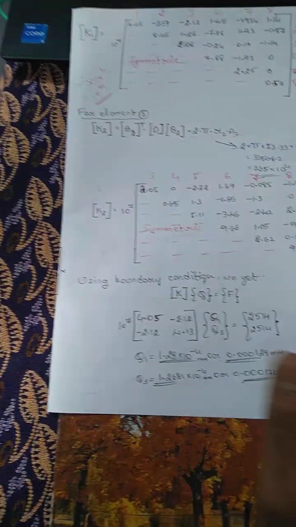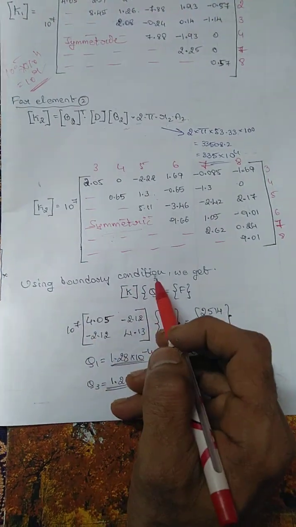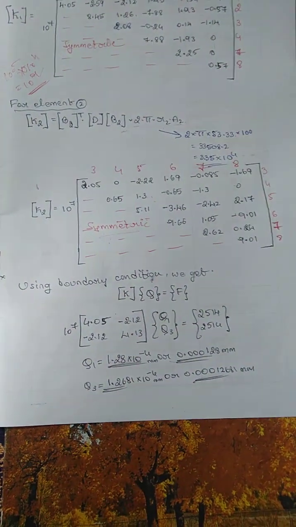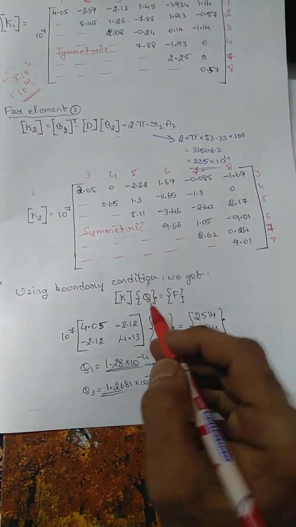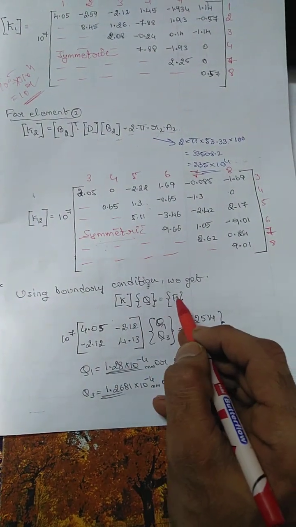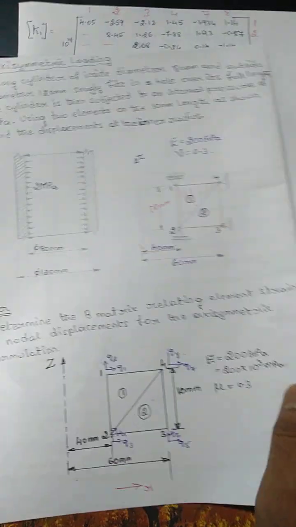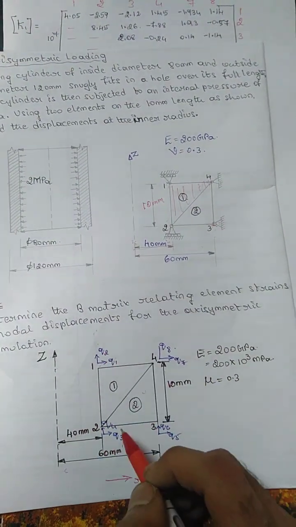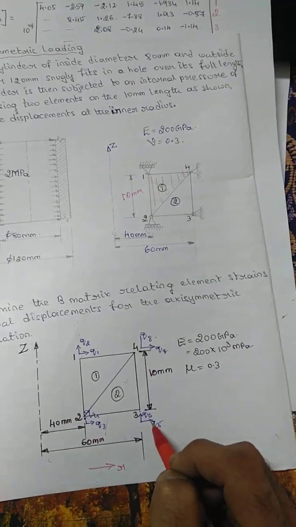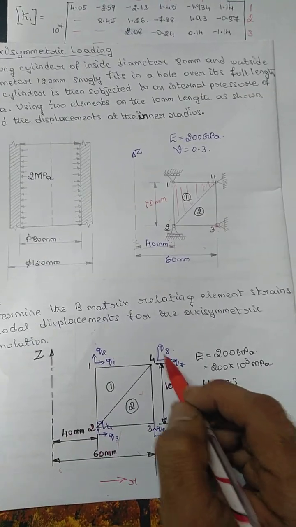And after that, using boundary conditions, what is the boundary condition? Let us see. K into Q is equal to F. So boundary condition, see, element 1, Q1 Q2 Q3 Q4 Q5 Q6 Q7 Q8.